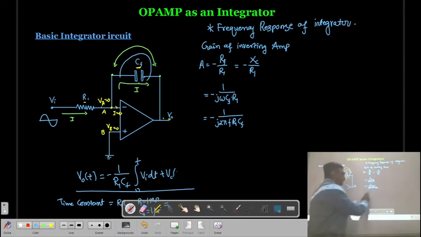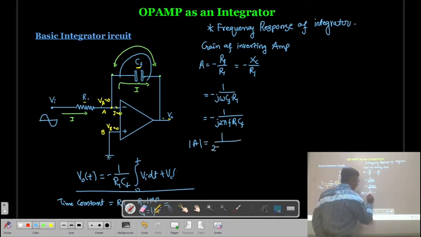Here you can see that the gain of this integrator is changing with the frequency. If we take the modulus, then the modulus of this gain will be written as 1 upon 2 pi f R1 Cf.